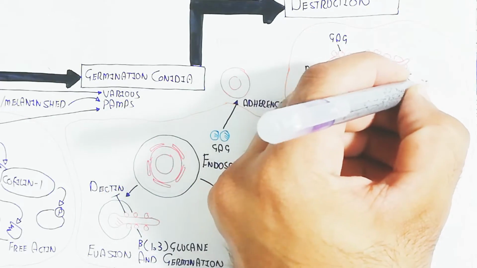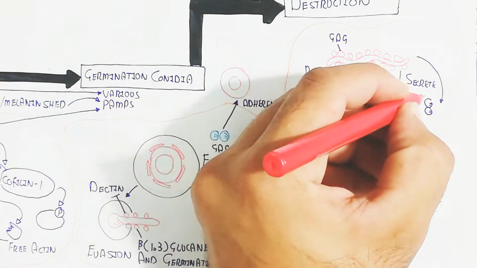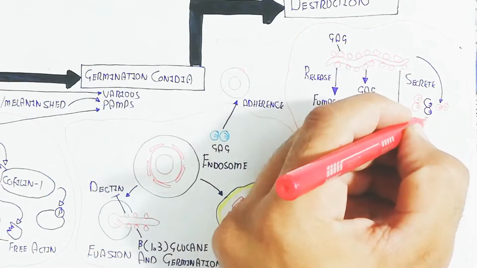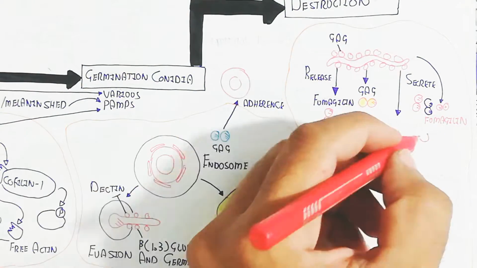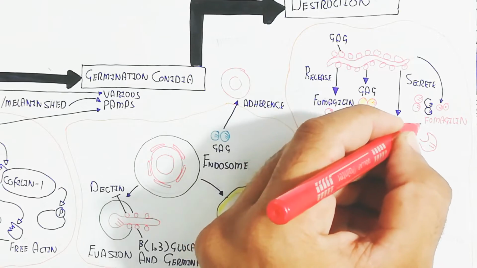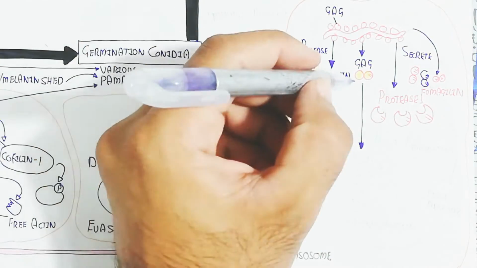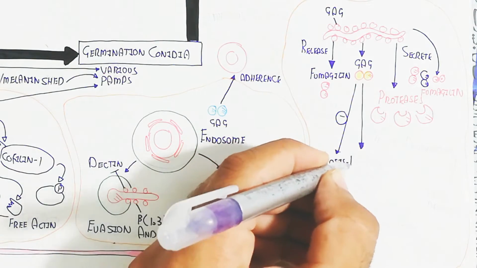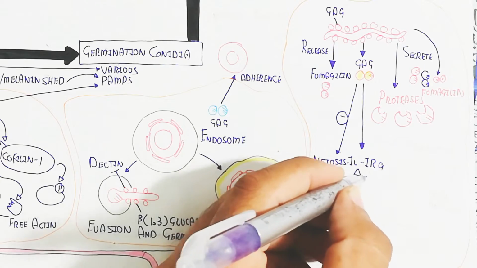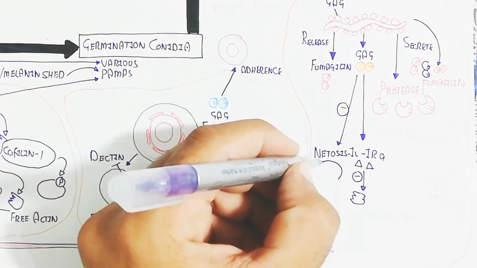Basically, apoptosis occurs due to the fumagillin, and on the other hand the glycosaminoglycan will lead to inhibition of NETosis, and interleukin will trigger pro-inflammation, with tissue degradation due to the fumagillin also.